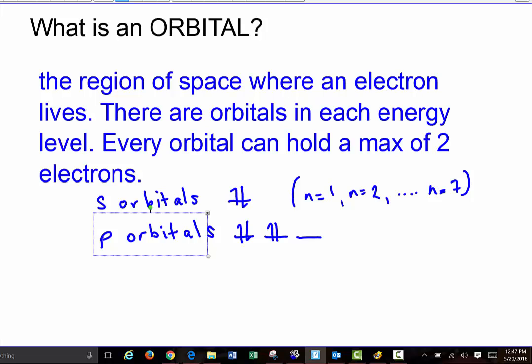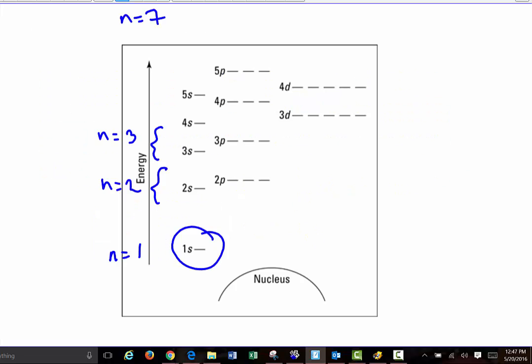If we look at our chart for a minute, everywhere we see a p subshell, there are 3 p orbitals here, and if I look here at 3p, there are also 3, and 4p has 3, so every p type would have 3 orbitals.